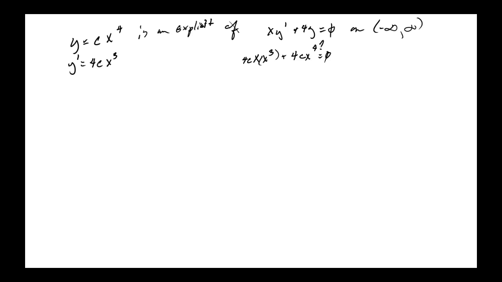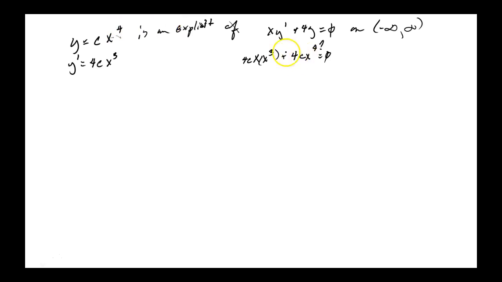And what we did to determine if that was true, we took the derivative. y prime is equal to 4c x cubed. Plug that back into the original equation, that's the verification process. The original equation had an x first, and then y prime, which is 4c x cubed, so I put the 4c out front, times the x from here, x cubed, plus 4 times c x to the fourth.